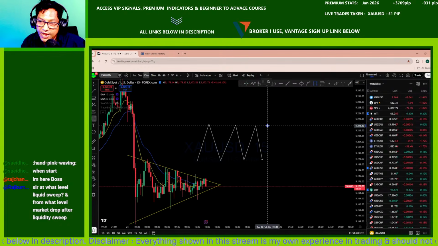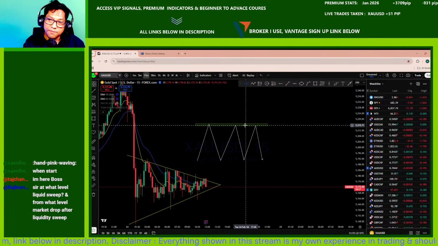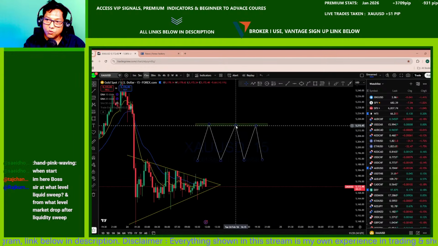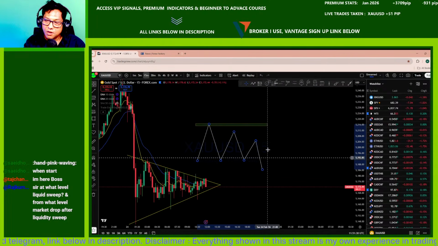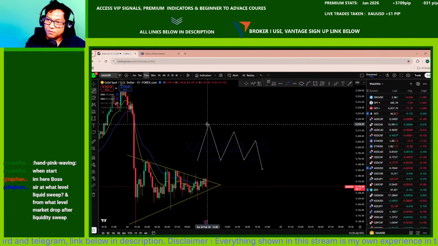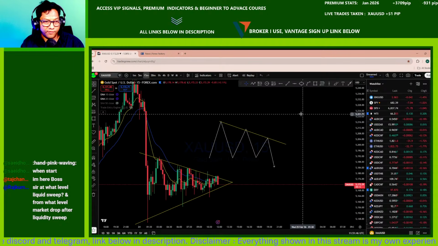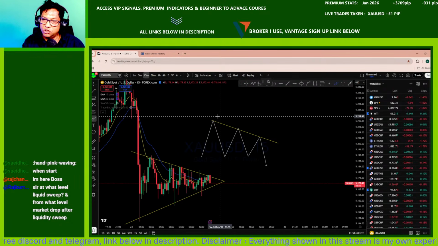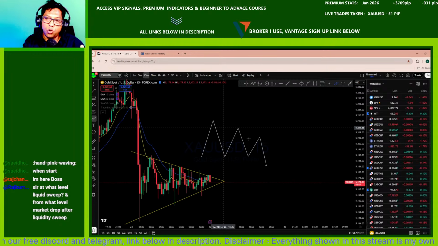it left a level here. Either it can be a horizontal level, or it can be an angular level. If you look at here, this is an angular level with a series of lower highs.